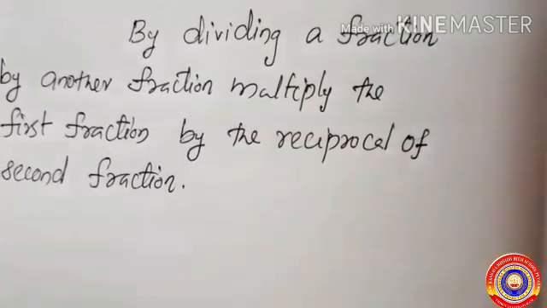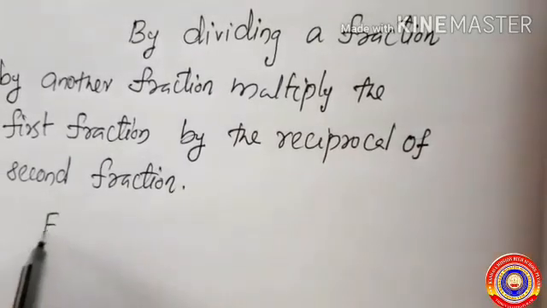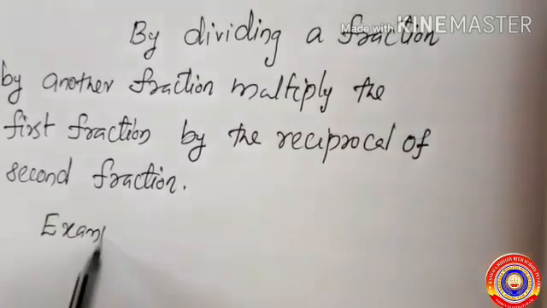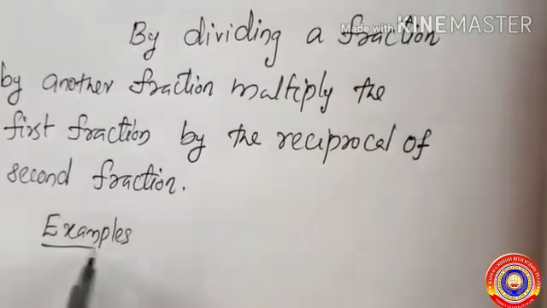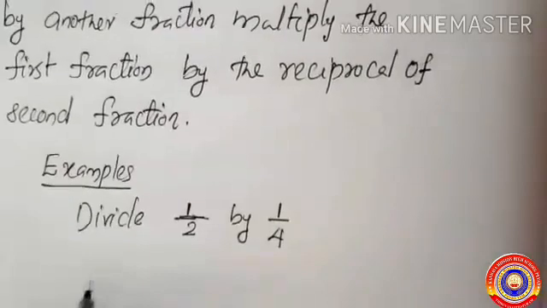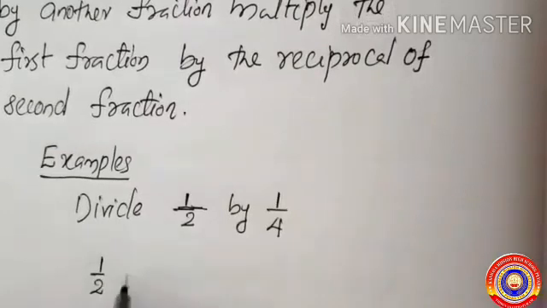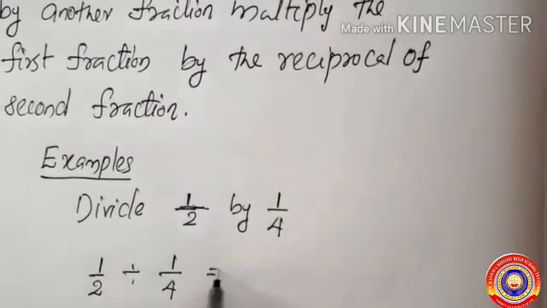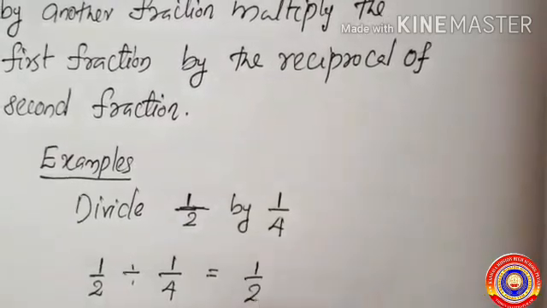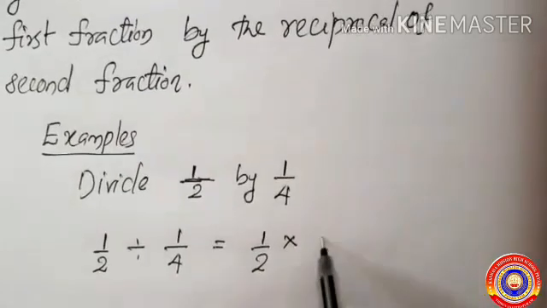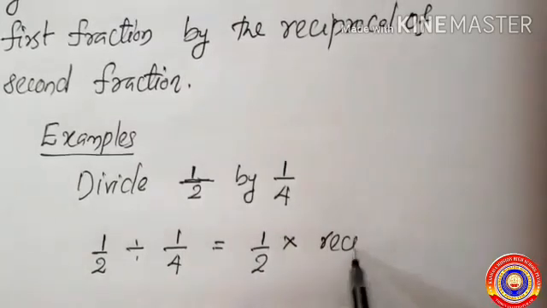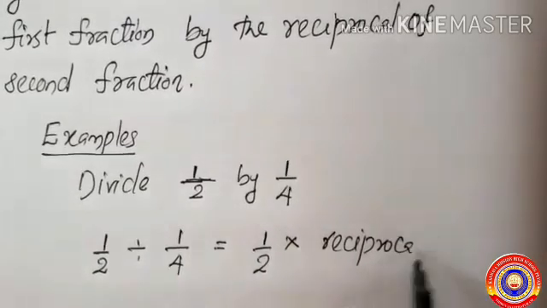Let's do some examples. Divide 1 by 2 by 1 by 4. We know that by dividing a fraction by another fraction, multiply the first fraction by the reciprocal of the second fraction.